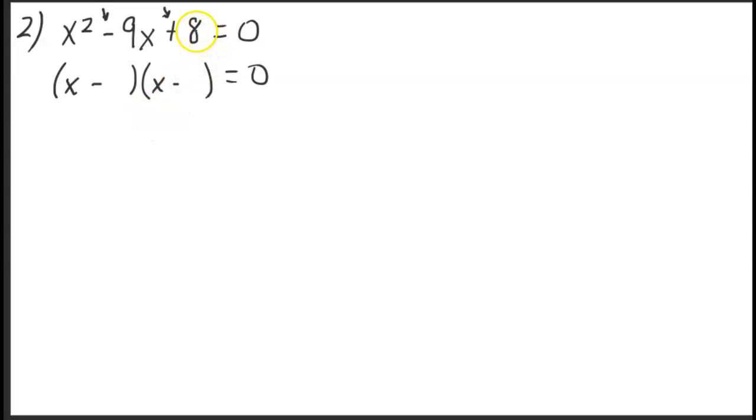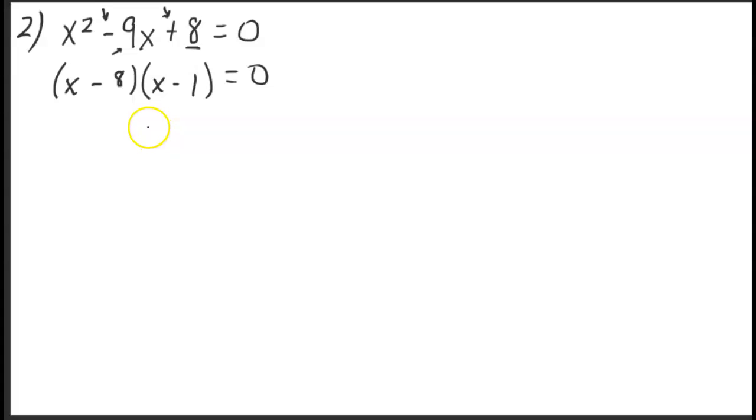Now I need two numbers that multiply to 8 and that I can combine to make 9. 4 times 2, there's no way you can combine a 4 and a 2 and get a 9. But you can combine an 8 and a 1. So we have x minus 8 and x minus 1 as our two factors.